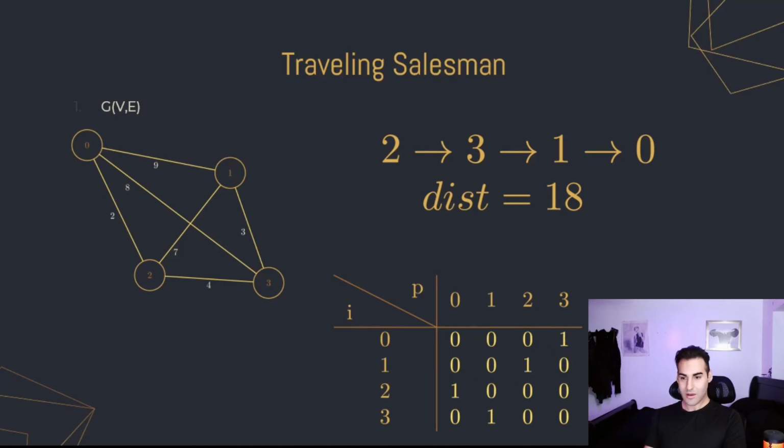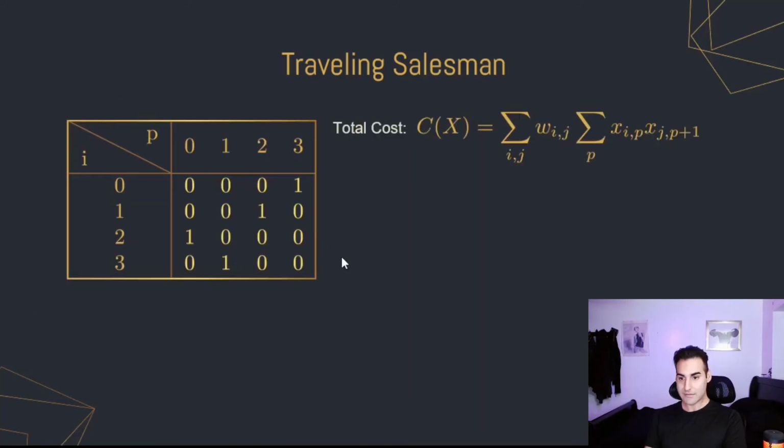Now the total cost of this traversal can be expressed like this, where W is the distance from node I to node J, and this term here is plus 1 if the path is actually taken.